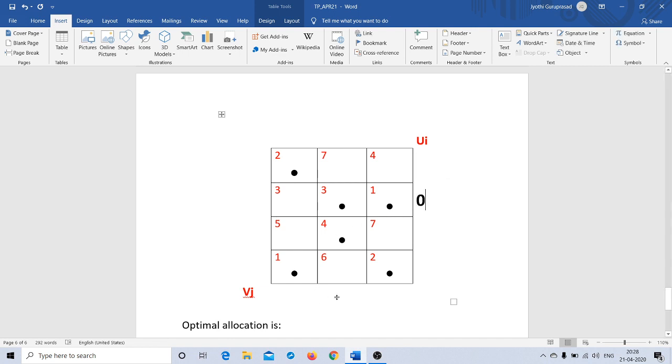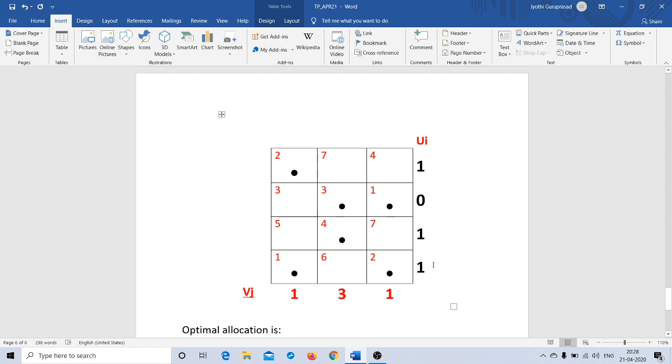From this I calculate this one. So this will be 3 for me, this will be 1 for me, and then similarly I calculate the values of ui and vj. Since you are already aware how to calculate ui and vj, I'll get this as 1, this as 1, 1, and this also as 1. So I have the values of ui and vj.